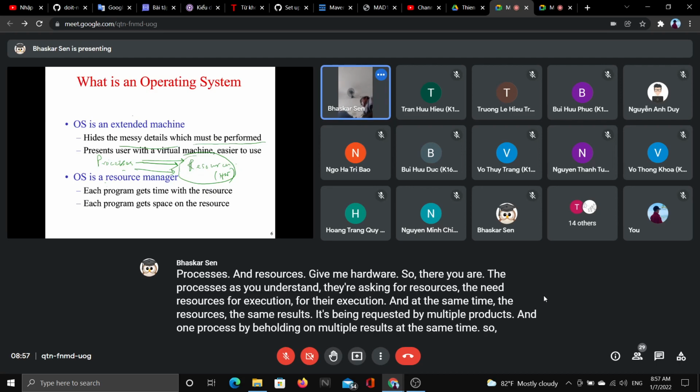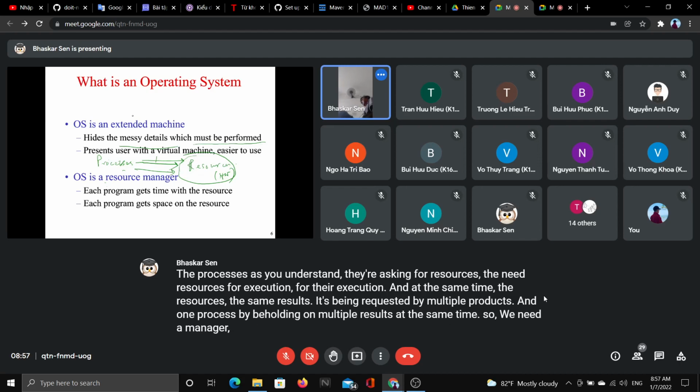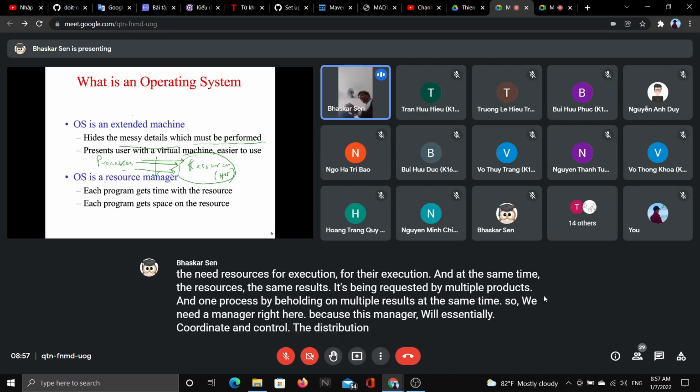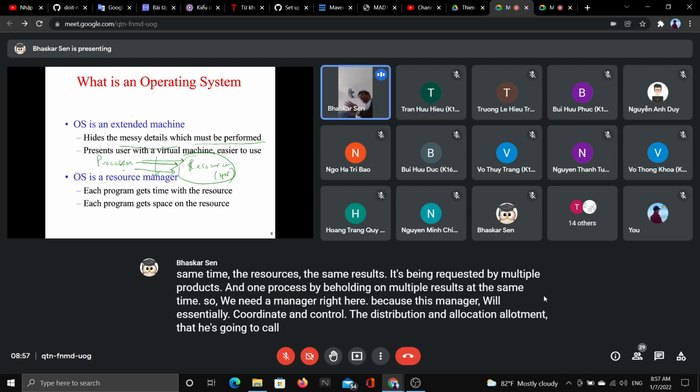So we need a manager right here, because this manager will essentially coordinate and control the distribution and allotment, that is what we call the allocation and acquisition of resources.